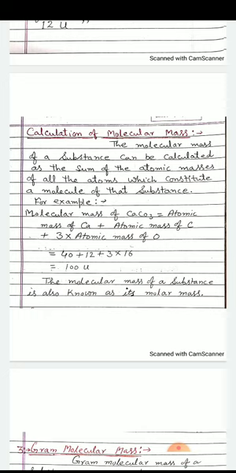For example, molecular mass of CaCO3 is equal to atomic mass of calcium plus atomic mass of carbon plus 3 multiplied by atomic mass of oxygen, which is equal to 40 plus 12 plus 3 multiplied by 16, which is equal to 100 unified mass. The molecular mass of a substance is also known as its molar mass.